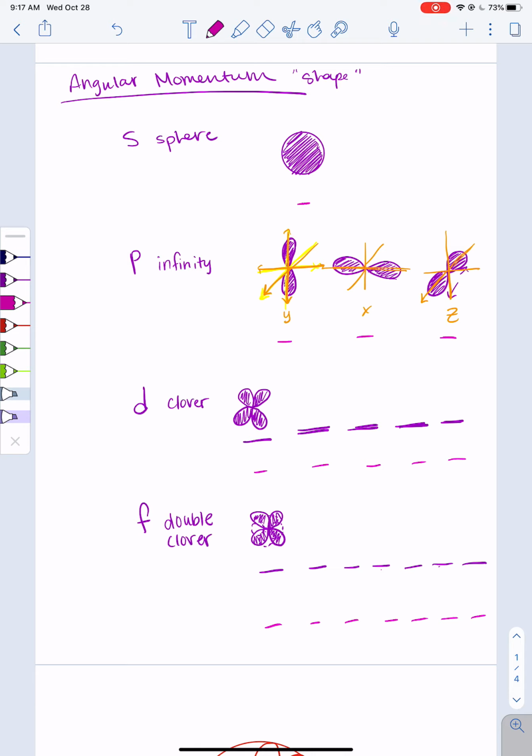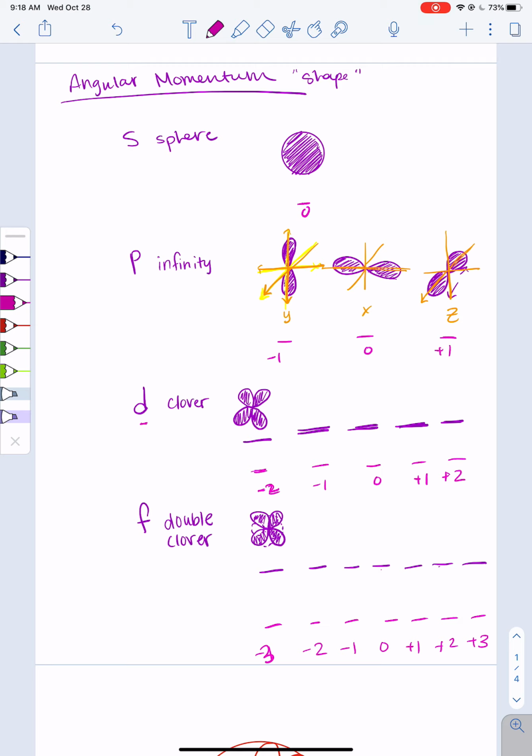So there are numbers associated with M sub L, and the numbers look like this. So that I could tell you it's in the D orbital, minus 2 M sub L. But again, you don't have to know these numbers. I'm just putting them in here so that you can understand the difference between M sub L and L.